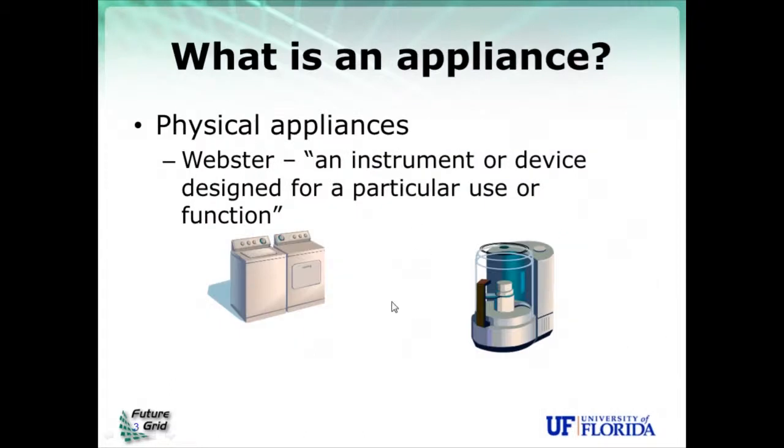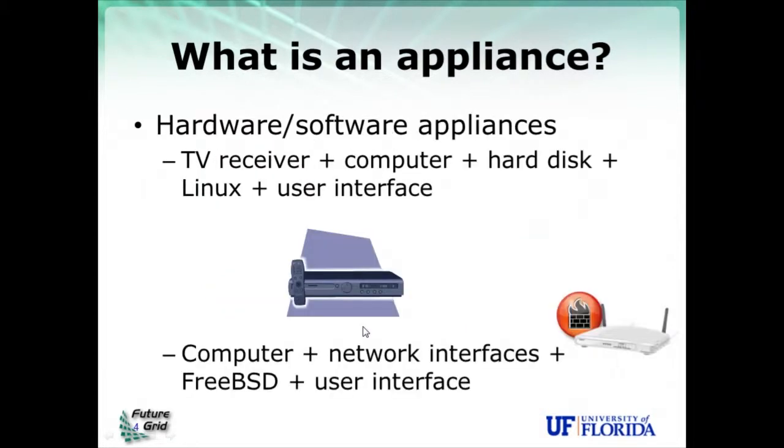Stepping back a little bit, let's discuss what is an appliance and what is a virtual appliance in the context of this work. Physical appliances are instruments that are designed for a particular user function, like a dishwasher or a blender. In the context of computer systems, an appliance can be a hardware or software appliance.